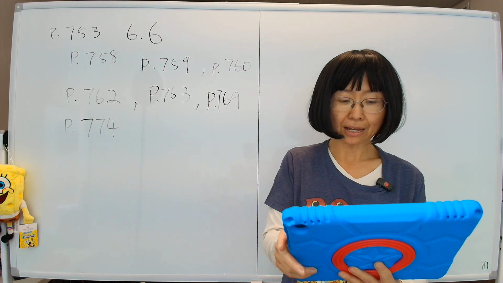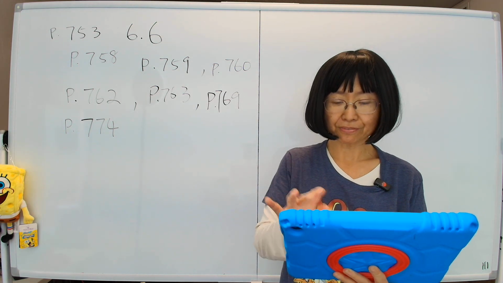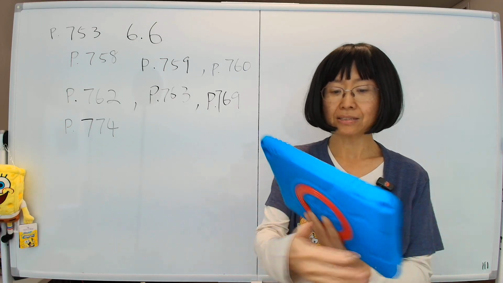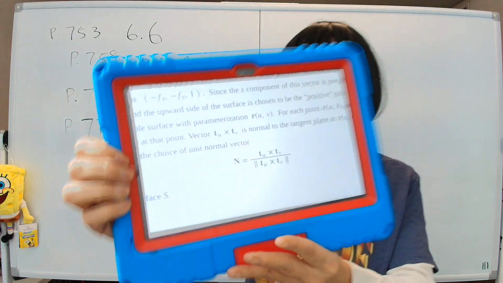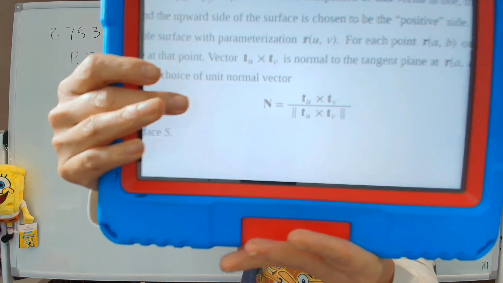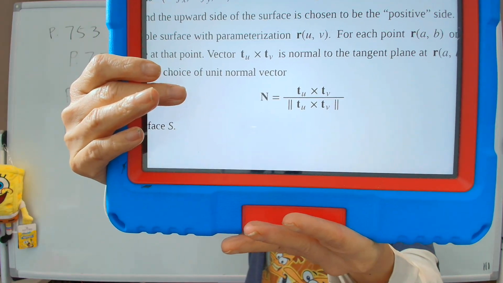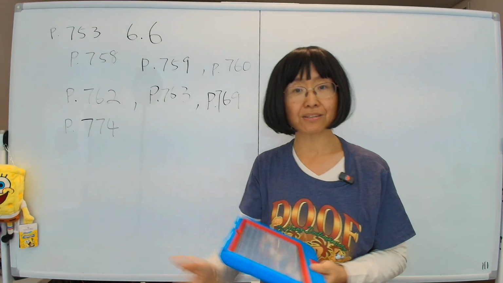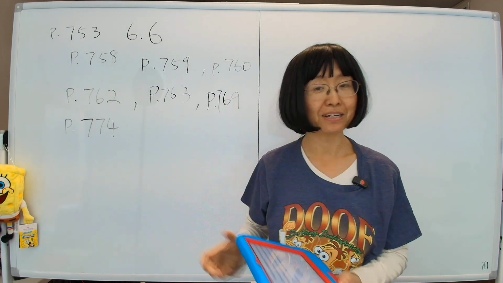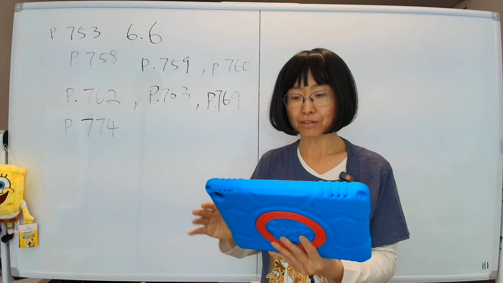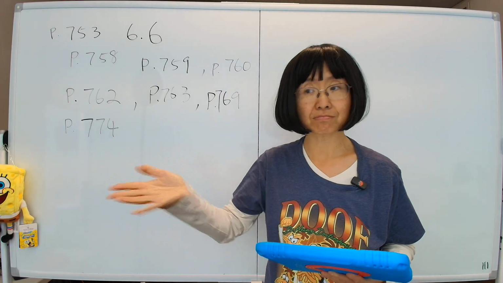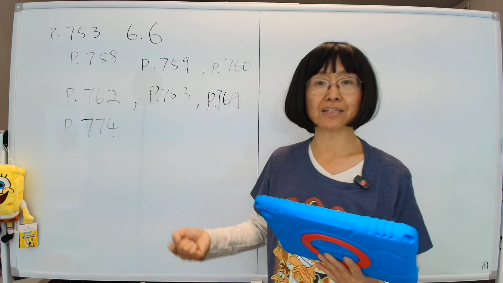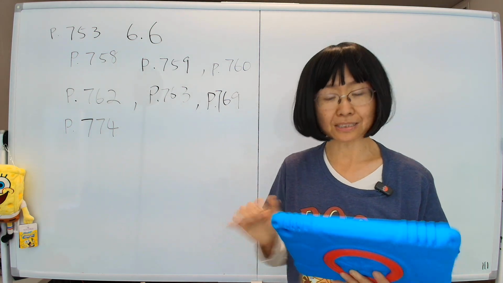Now, let's look at the next page, 775 at the very bottom. So the normal vector is defined by the cross product. This is the unit normal vector, so it's the cross product divided by its magnitude. When you have 2 tangent vectors and you cross them, that will give you the normal vector of the surface, where the 2 tangent vectors, in our case, are TU and TV of our surface representation.